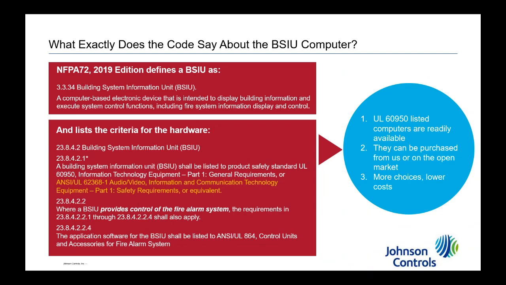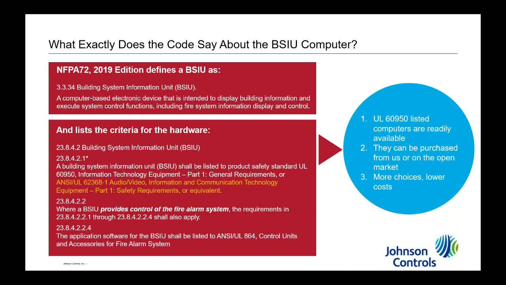Some of the other code sections that apply are in chapter 23, 23.8.4.2, a brand new section in chapter 23. This is only a little bit of it. There's actually about three-quarters of a page of the code that has the information on connecting it to the system and things like that, but these are the highlights.